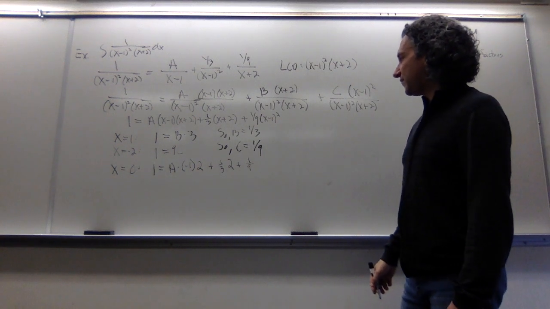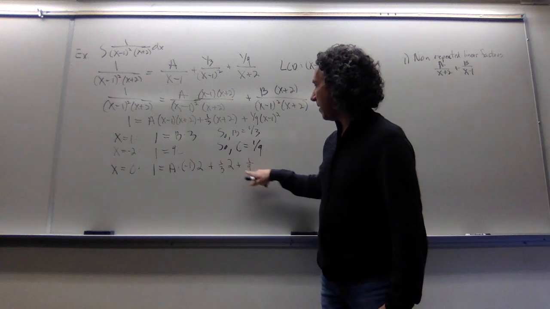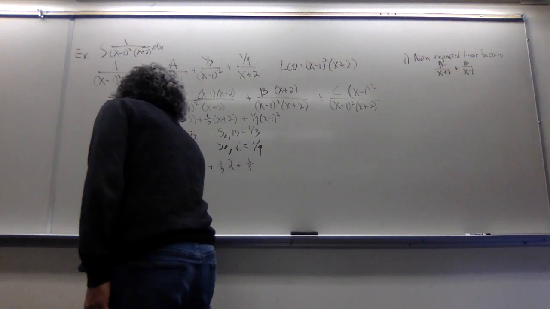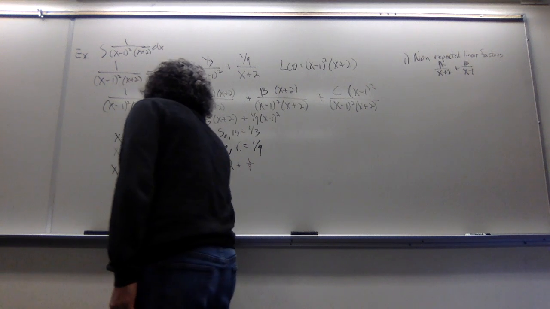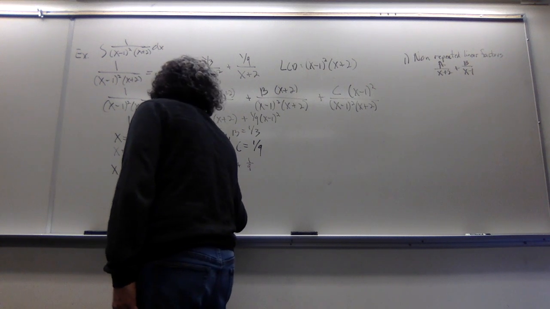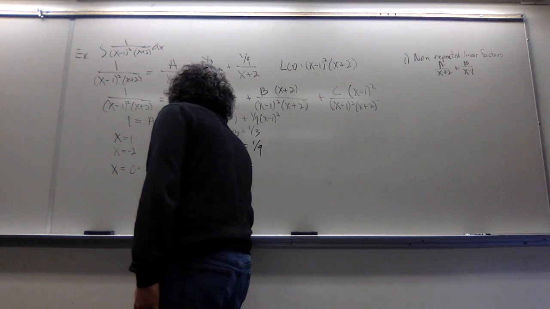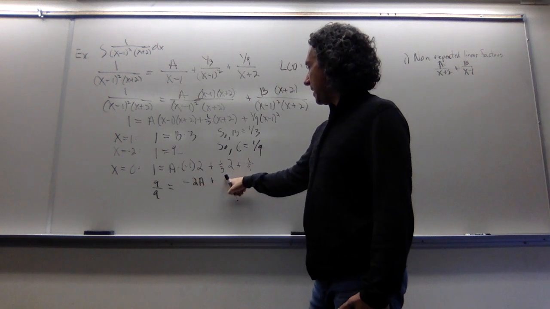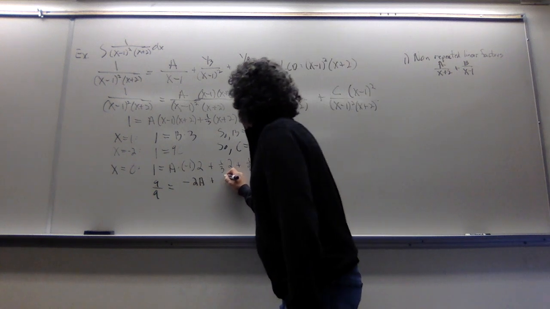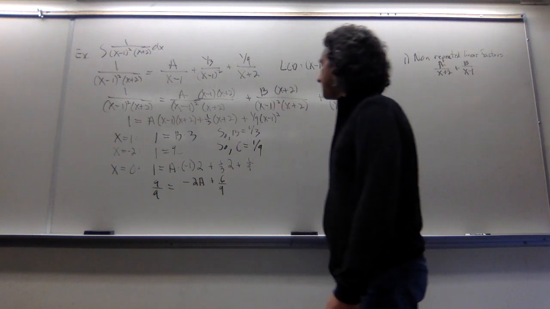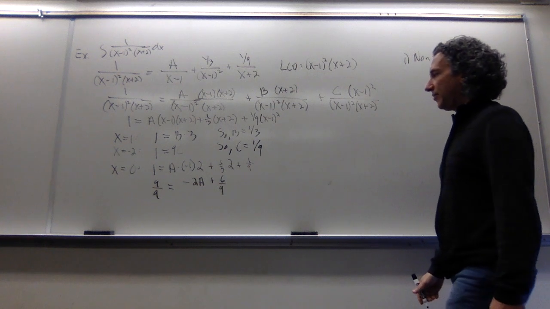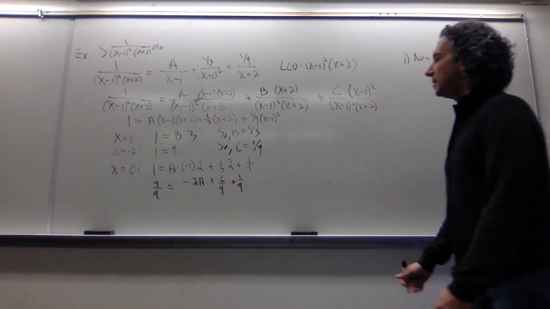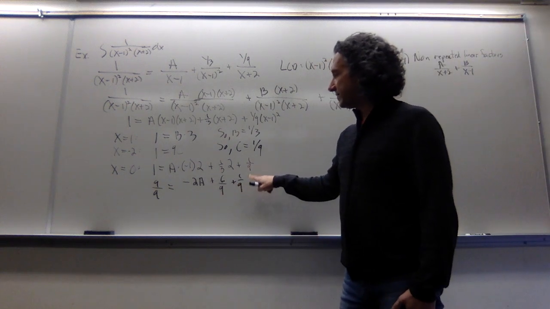So we need to solve this for a. Let me get a least common denominator. It looks like everybody is going to have to be over a 9. So this is the same thing as 9 over 9 is equal to minus, let me do this in a couple of steps, minus 2a plus 2/3. 2/3 is the same thing as 6 over 9, multiplying top and bottom by 3, plus 1 over 9. So 6 plus 1 is 7. We have 7/9 here.